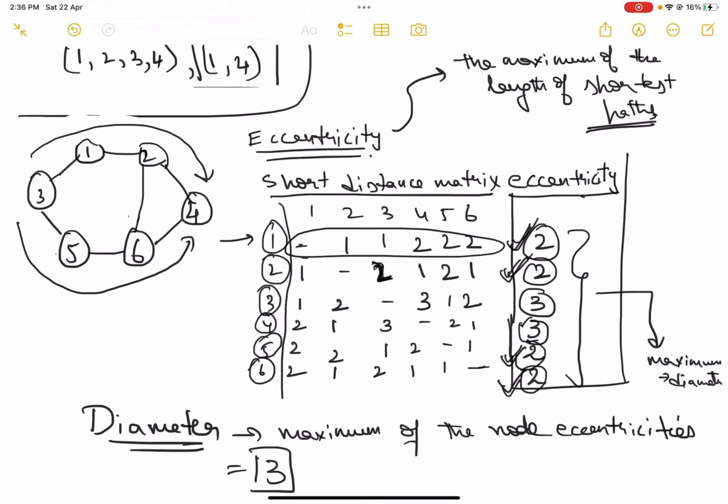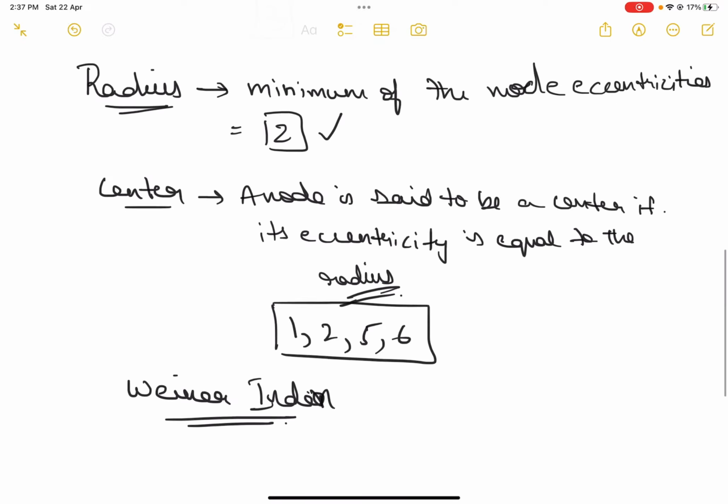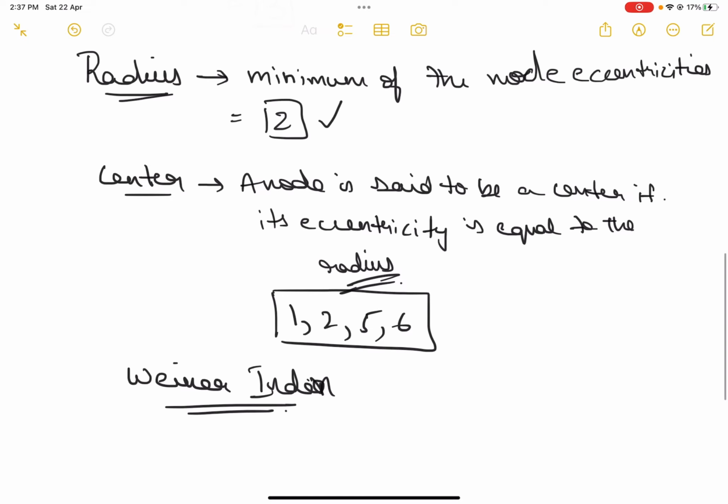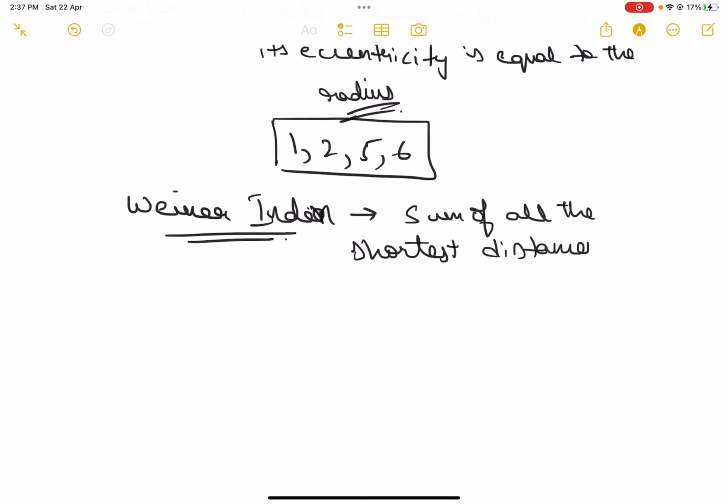Right. Now let us discuss another concept called Wiener index. What is Wiener index for a graph? Wiener index is basically the sum of all the shortest distances in the graph.